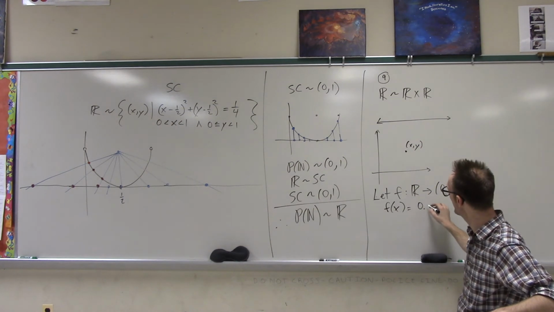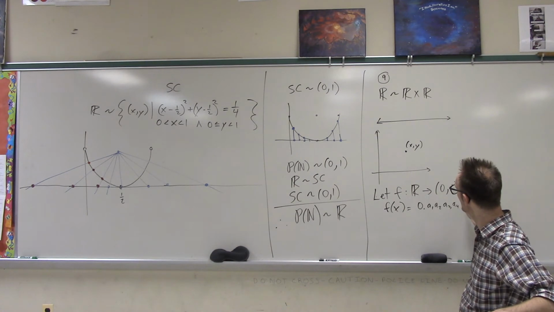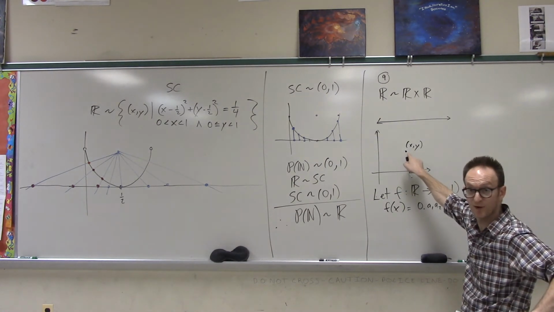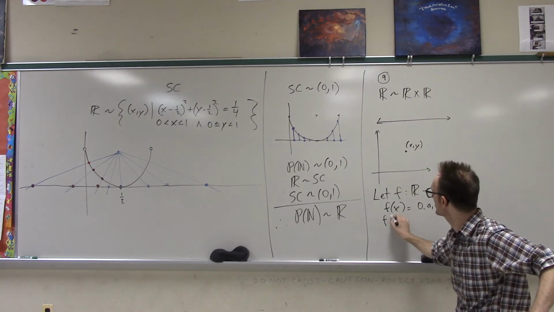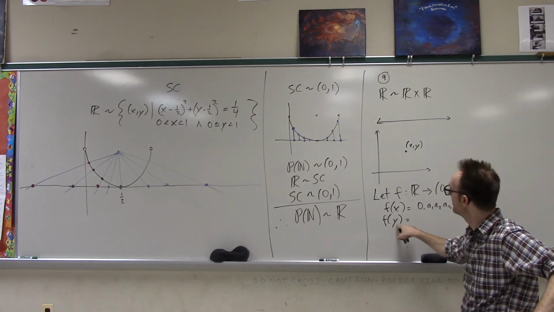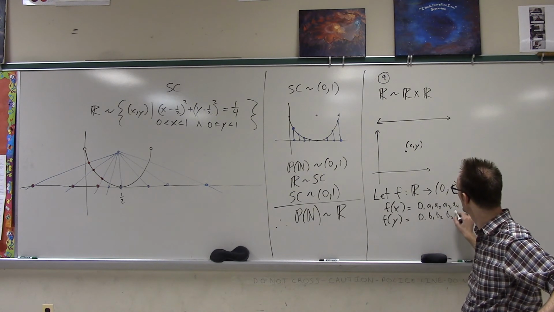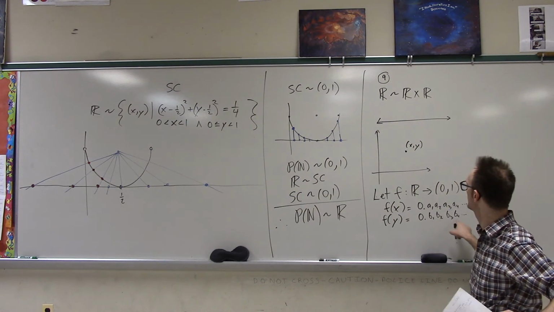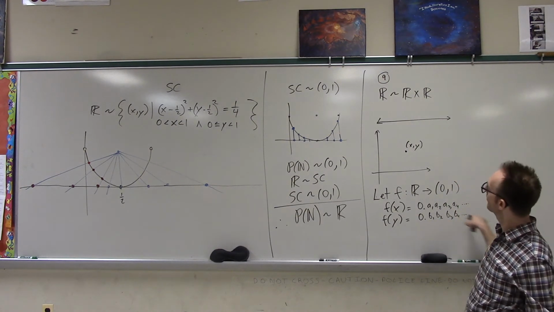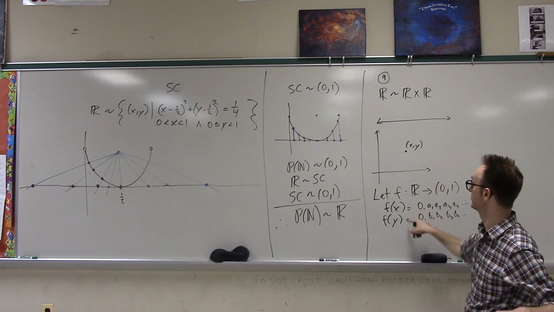So let's call it 0 point A1, A2, A3, A4, etc. Let these be the digits in the decimal expansion of the x coordinate, so to speak, of my point. And let f of y be 0 point B1, B2, B3, B4, etc. So these are the digits in the decimal expansion of the real number between 0 and 1 that f converts y to.